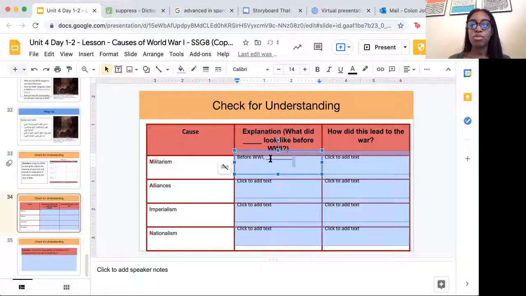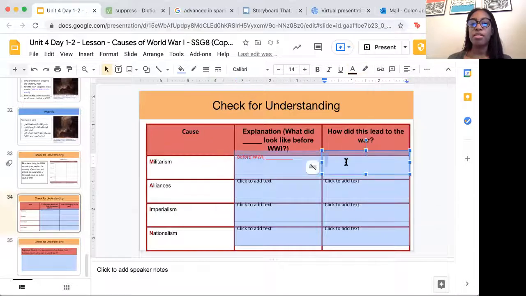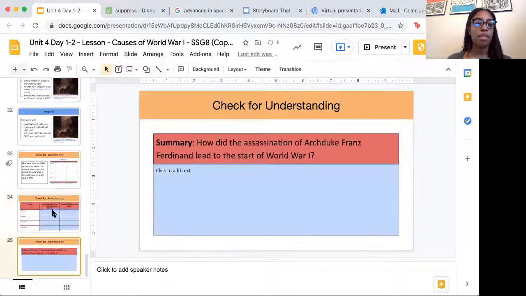So sentence starters really help your English language learners, right? Because sometimes they struggle with starting their sentences, right? How did this lead to war? So blank led to World War I because, right? So that's definitely something you might want to consider providing your students with. It's a great way to help them.